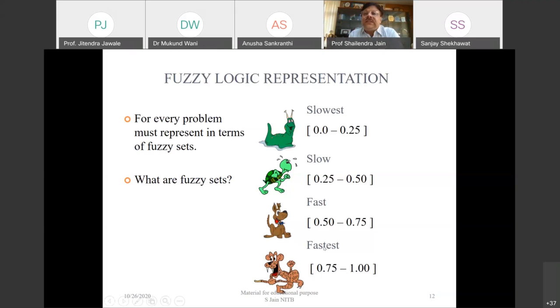So some decision, let us see: 0 to 0.25 slowest, 0.25 to 0.5 slow, 0.5 to 0.75 fast, and 0.75 to 1 is fastest. So what I did is that I have normalized the input, either 0 to 0.25, or 0 to 25%, or 0 to 0.25 per unit, or 0 to 100%, or 75 to 100%.